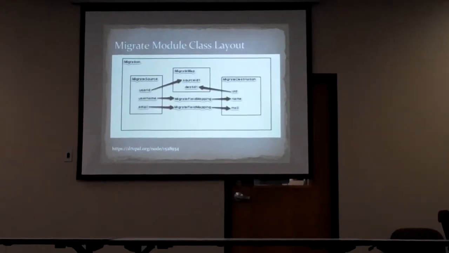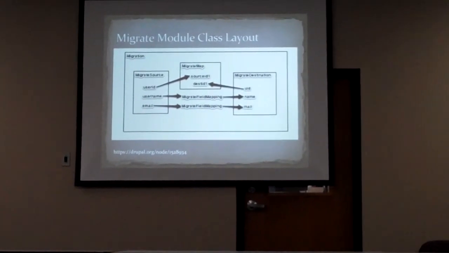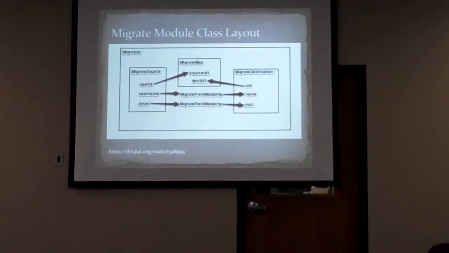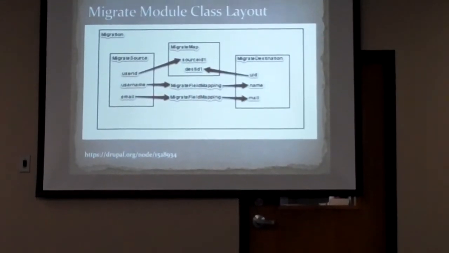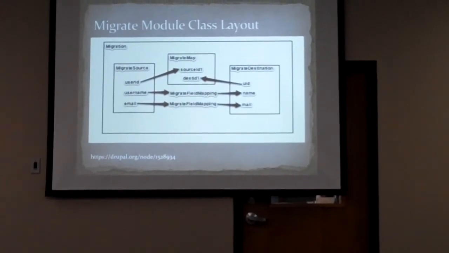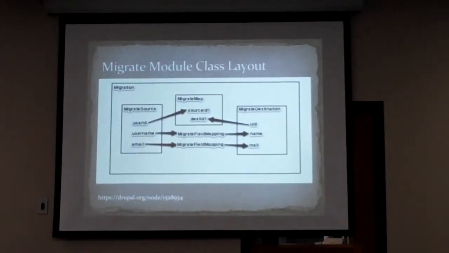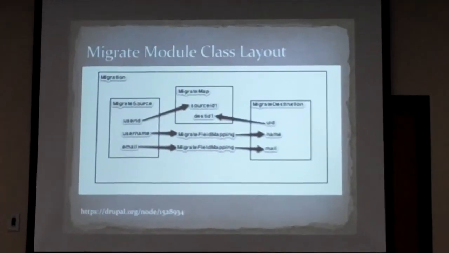And then there are 3 other classes that help inside of that. There's the Migrate source class, which is basically a representation of the source data. You tell it how to get to the source data, what to connect to, and how to map everything on that class. There's the Migrate map table class, which essentially just manages a Migrate map table.